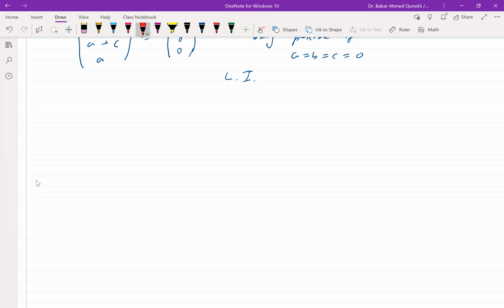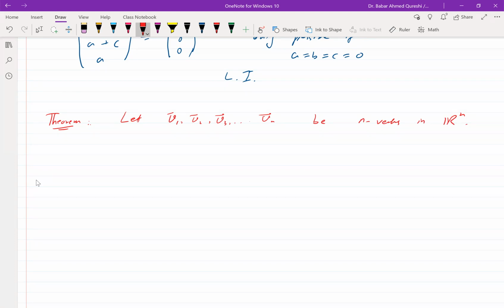If you want to check the linear independence, let me write a nice theorem. Let there be n vectors in Rn. I'm not talking about any general vector space.